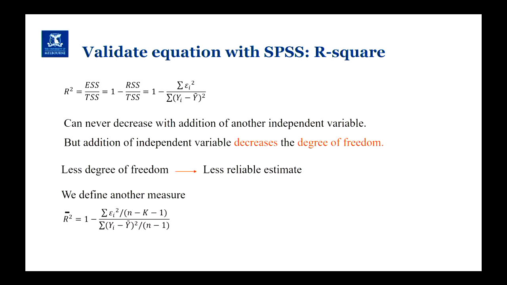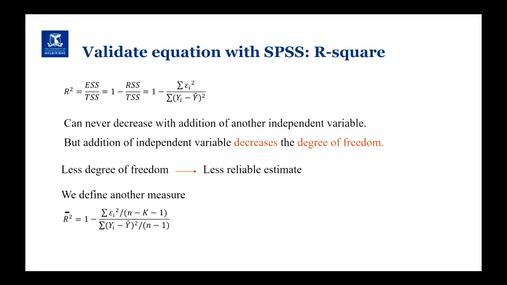R squared can be calculated as 1 minus the residual sum of squares divided by the total sum of squares. So a higher value of R squared indicates a better fit of the estimated model.